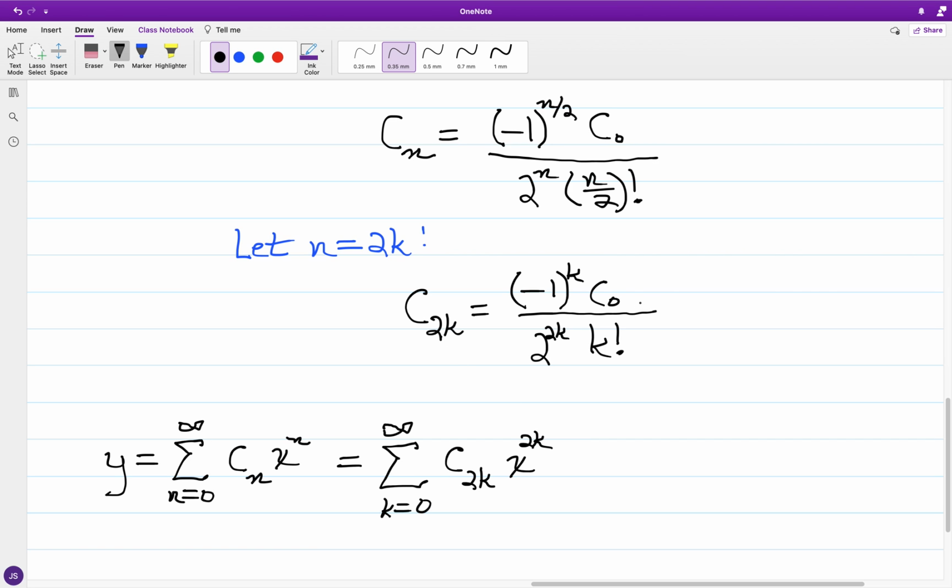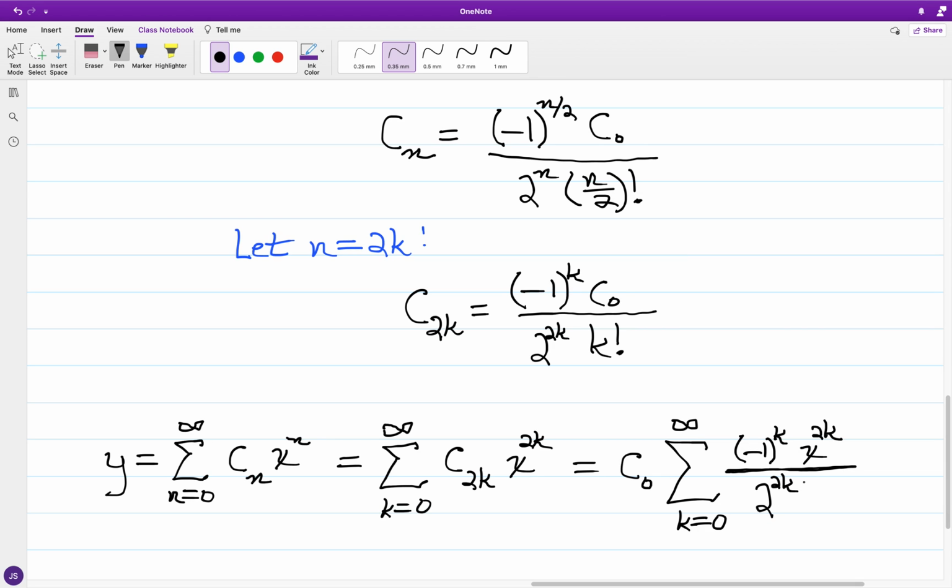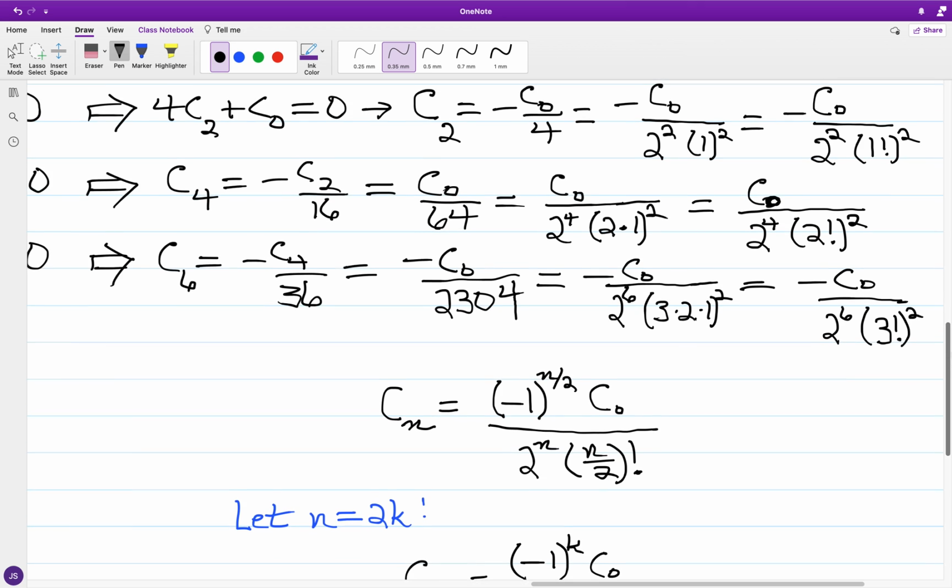Okay, I got c of 2k equal to this statement, and let's say if I just move the constant c naught out to the front, I have k going from 0 to infinity, and I have a minus 1 to the k, times x to the 2k, and again all over 2 to the 2k, and I have times k factorial.